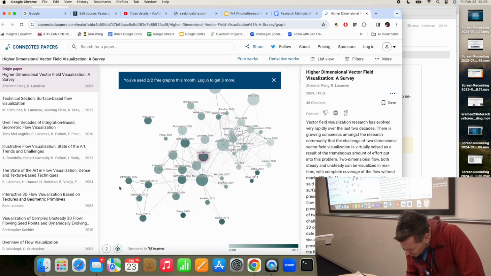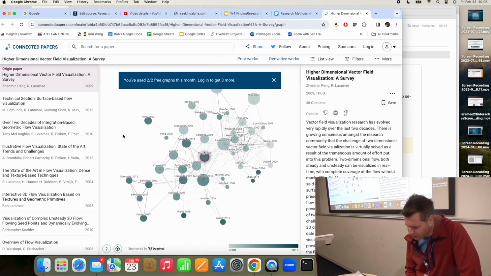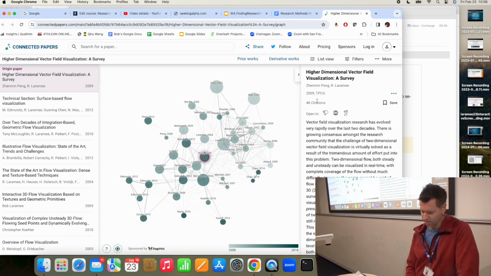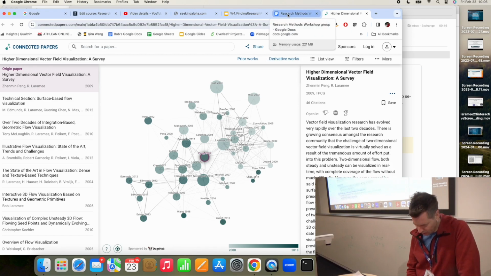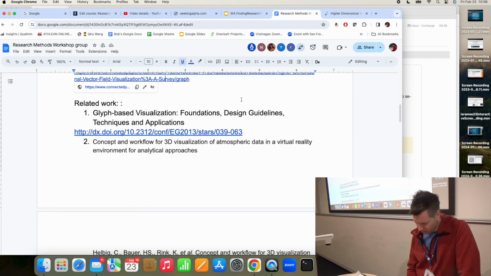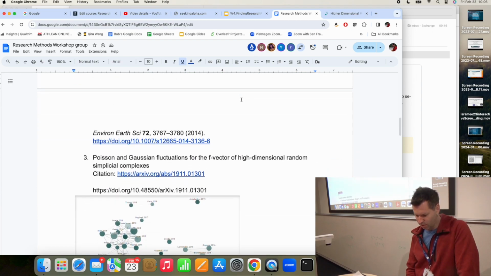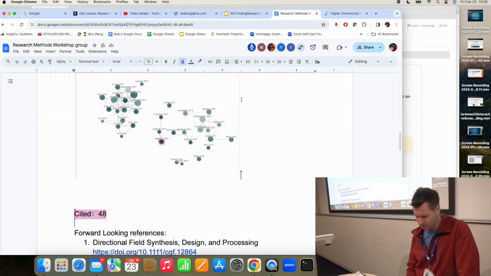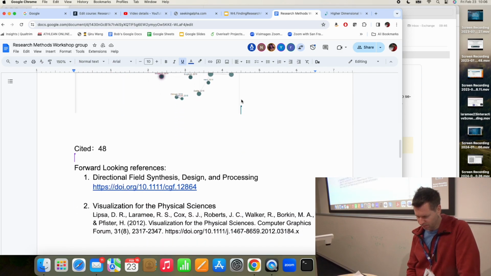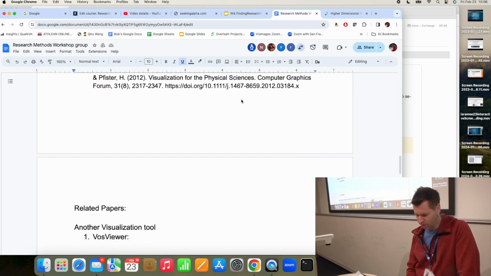So there it is. By the way, Connected Papers also has some information, 46 citations. Okay, that's not what we need. Oh, I see. Forward-looking references. You don't need to list all those things.